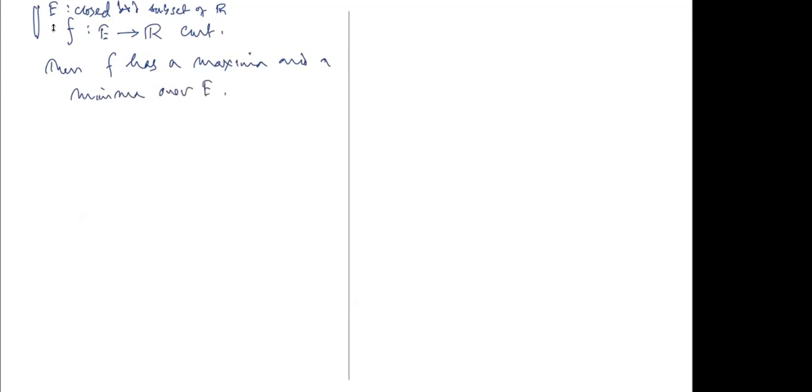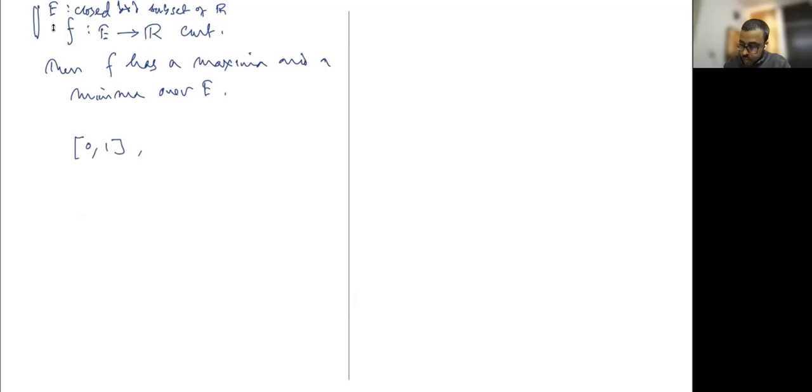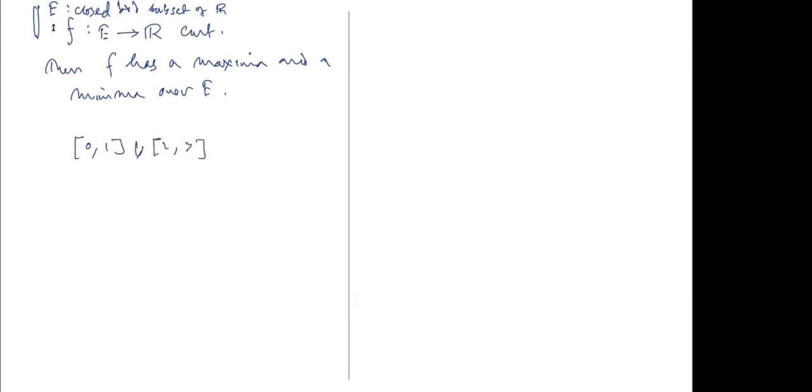So the closed interval 0 to 1 union the closed interval 2 to 3 is a closed and bounded subset. So how do we define continuity on this?